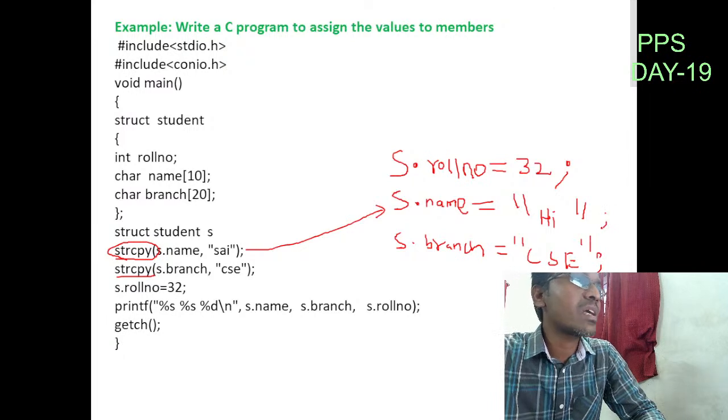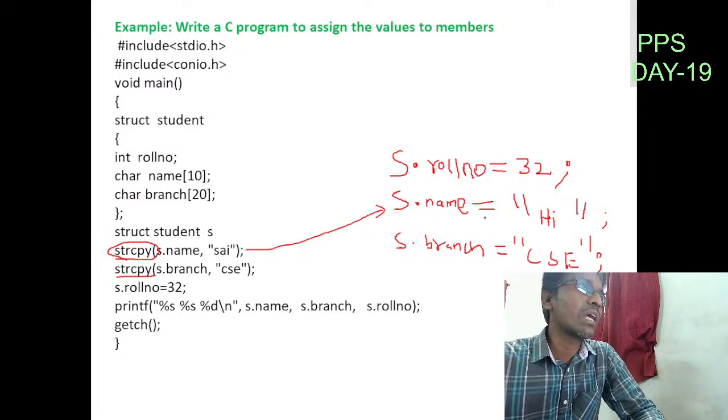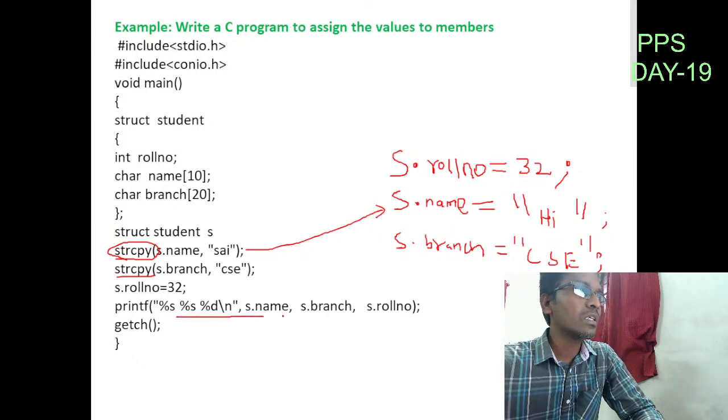Like this also we assign values to the structure members. I hope you understand what I am saying. After assigning values to roll number, name and branch, you have to display the roll number, branch and name of the student with the help of a structure variable followed by the dot operator.